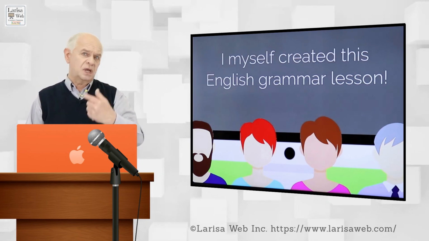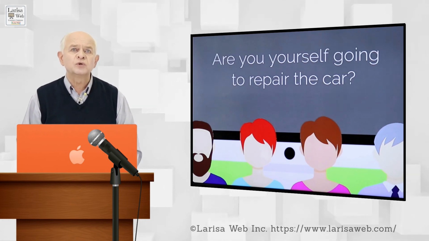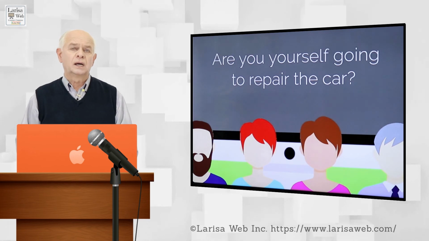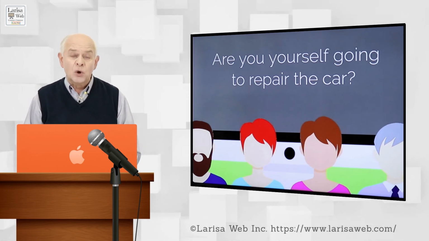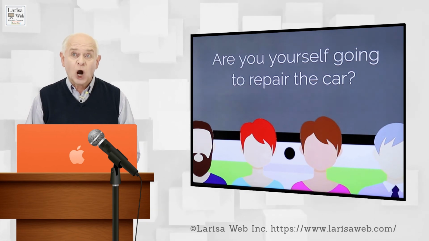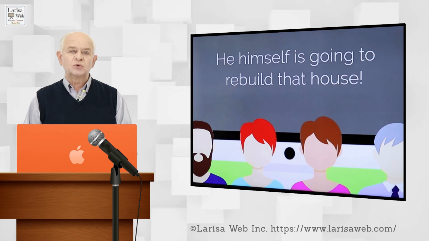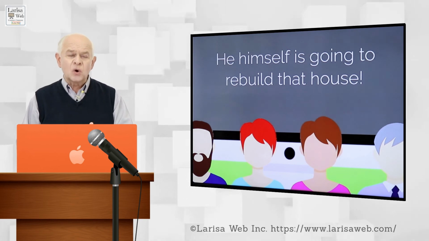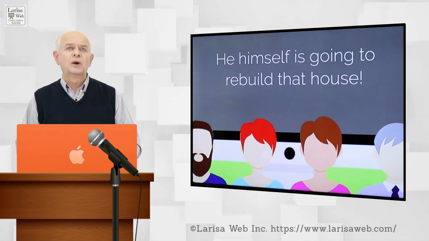I myself created this English grammar lesson. Are you yourself going to repair the car? I might follow that up with another statement, something like, I didn't know you could repair cars. I didn't know that. He himself is going to rebuild that house. I didn't know that he was a builder. I didn't know that he could repair things.